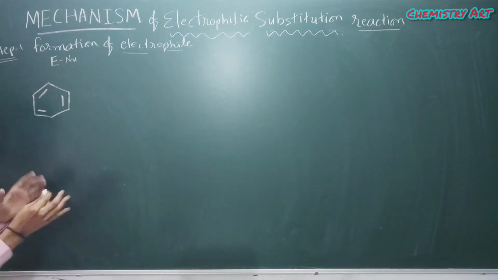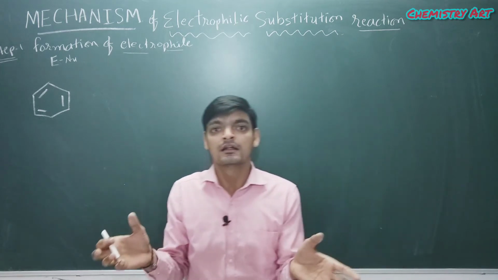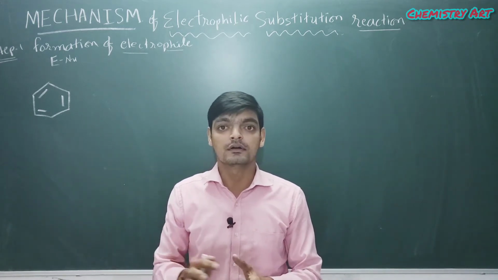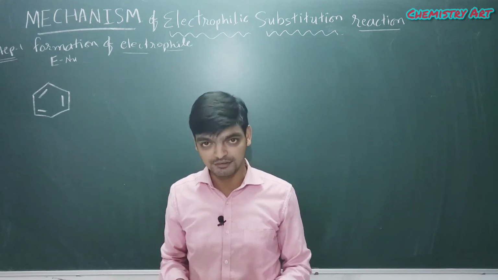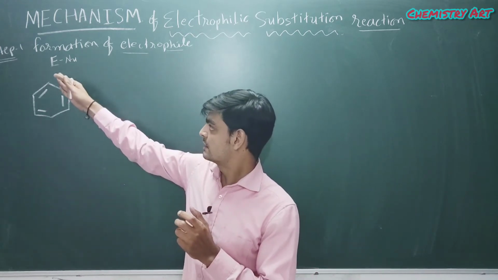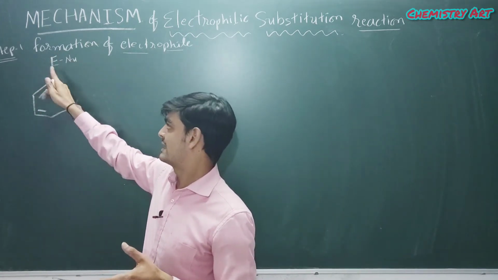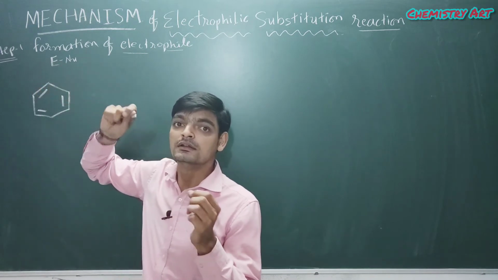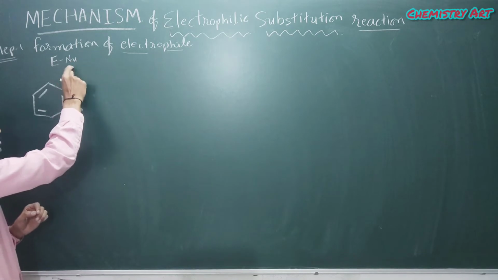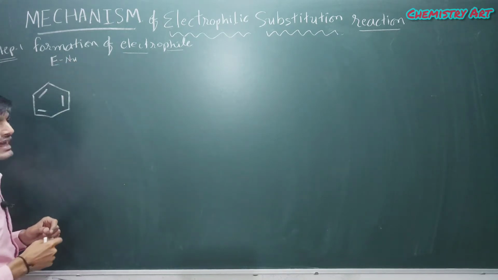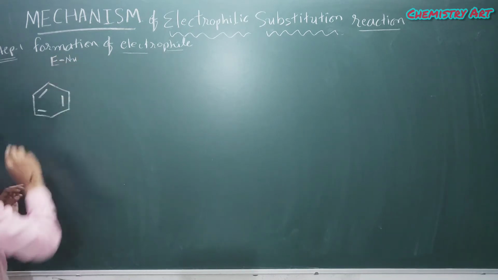Some compounds, for example, let me write here, E-Nu: a compound having 2 atoms with different electronegativity. Suppose E will release the electron because E is the atom with less electronegativity, and Nu is more electronegative. So what will happen in the first step, the formation of electrophile?